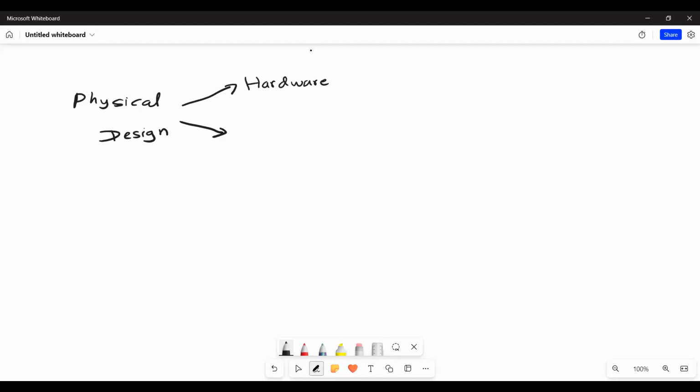In the Internet of Things, we have the word things. So things means the hardware and the components that we are considering in our IoT network. So the physical design is composed of hardware, or things, and protocols, right?